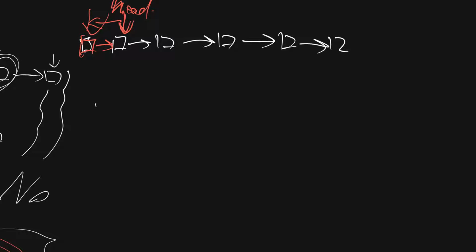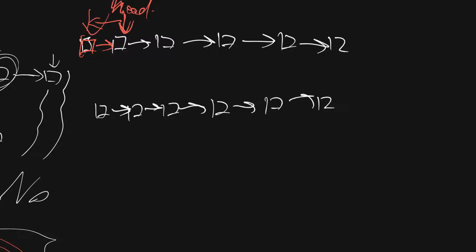And the other situation is when you are deleting one. I probably shouldn't draw this many nodes, but whatever. If you are deleting this one, you want to set this one's next to null.